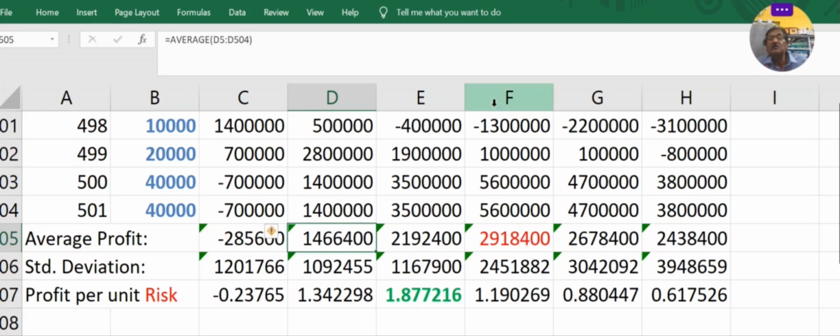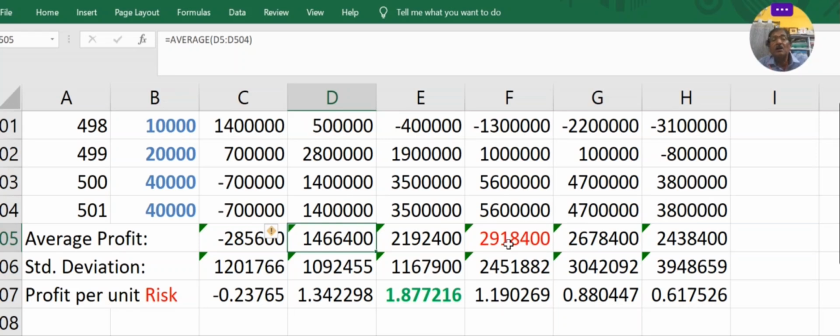If you produce less than 40,000, then your profit will decrease. Then what is the maximum profit? This is it, for which the production is 40,000 units.